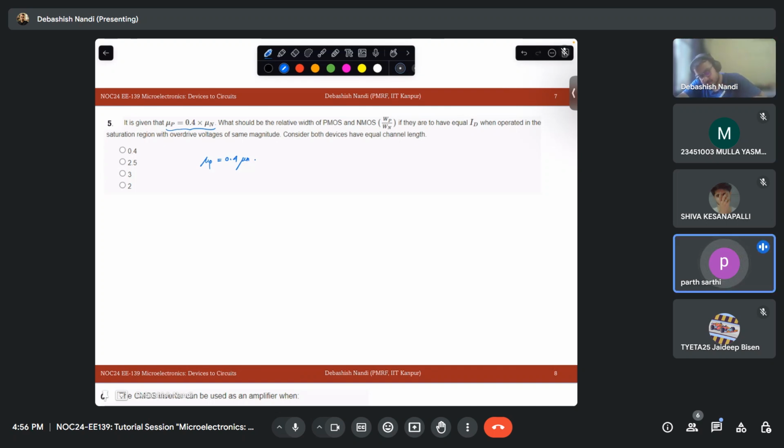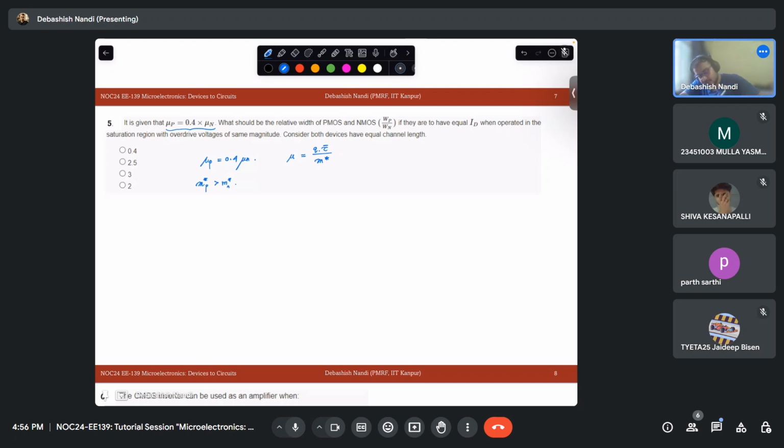Due to the effective mass: the effective mass of the hole is higher than the effective mass of the electron. Yes, sir. Because we know that mobility is q tau over m star, so it is inversely proportional to m star.